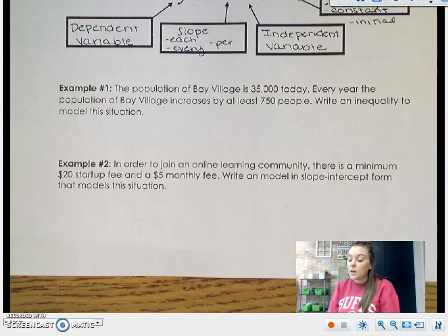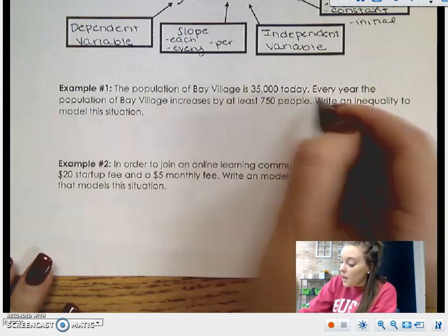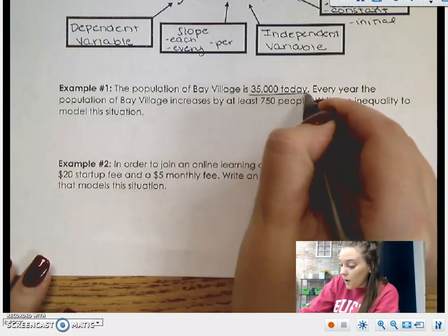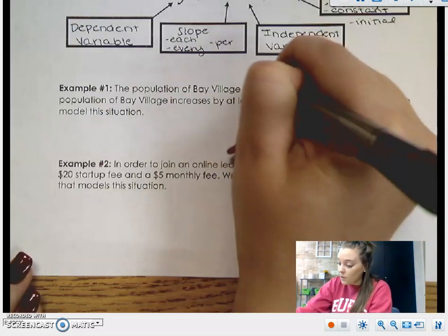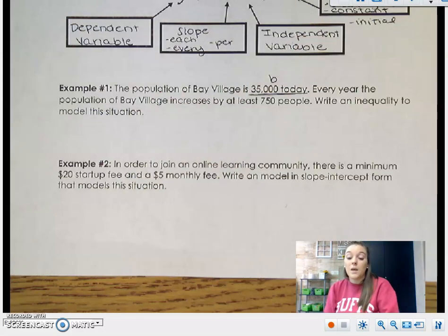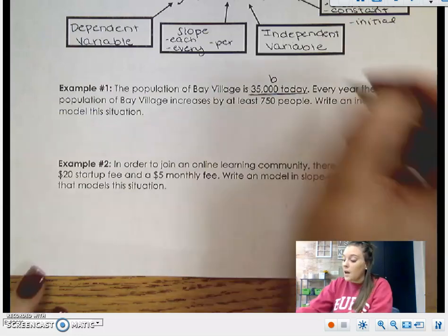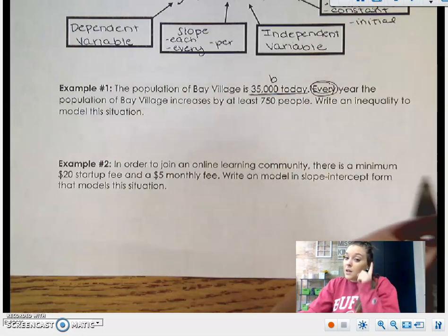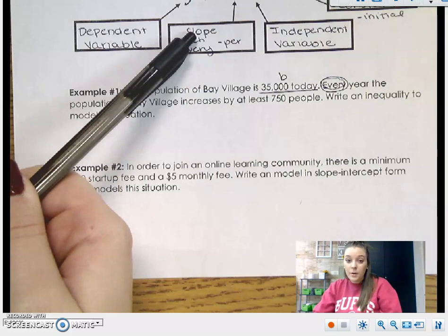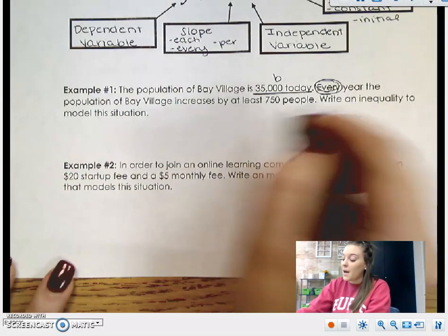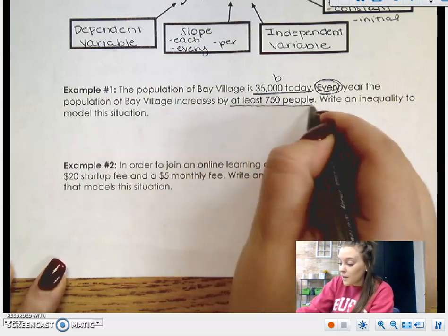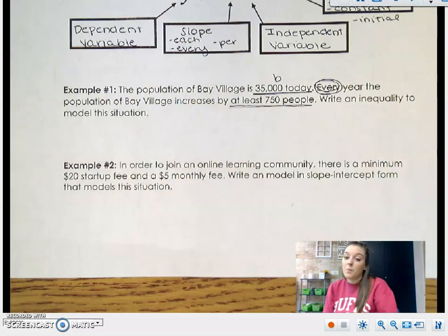So there's a couple key pieces of information. We have the population is 35,000 today, so that's going to be my initial value. So I know that that's going to be my b, or my y-intercept. Every is the keyword there for slope. Year, the population of Bay Village increases by at least 750 people.